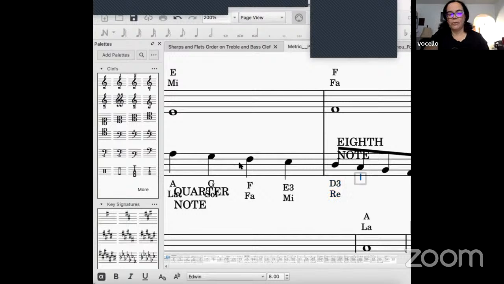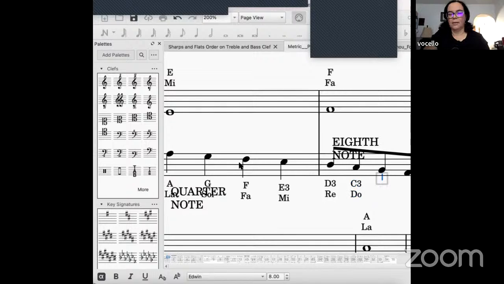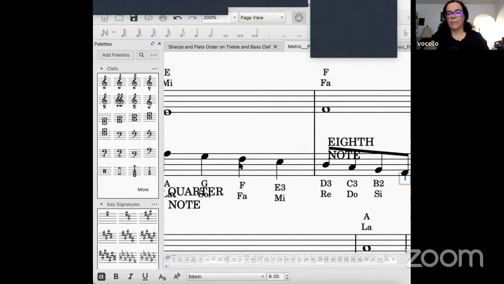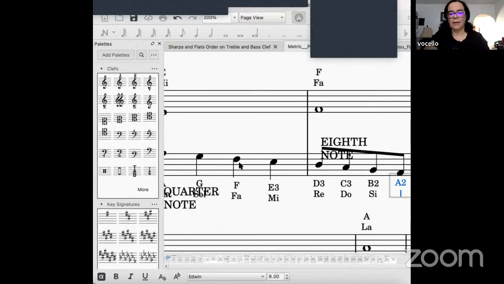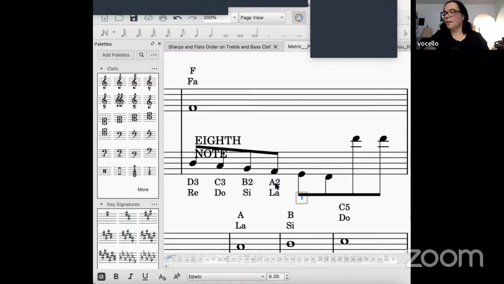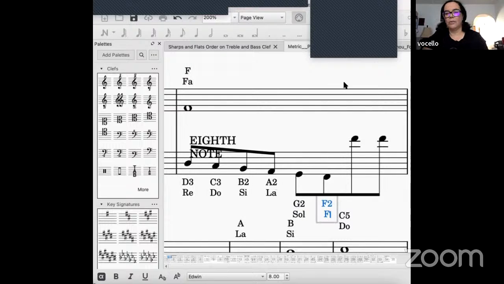The second space is your C3 or Do. The second line is B2 or Si. The first space is your A2 or La. The first line is G2 or Sol. Below it, F2 or Fa, and so on.